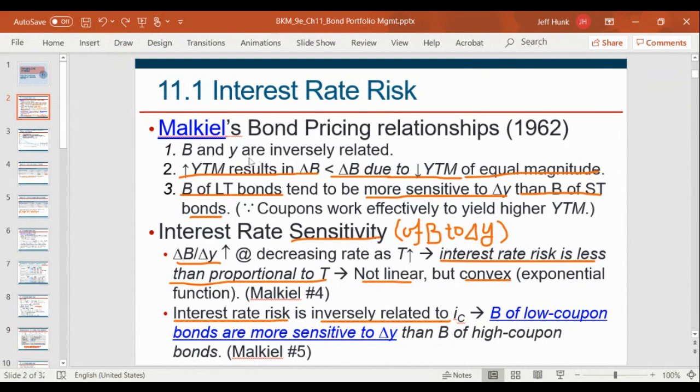And the change in price will be positive in this case. So even for the same change in interest rate, 5%, 5%, it's asymmetrical.